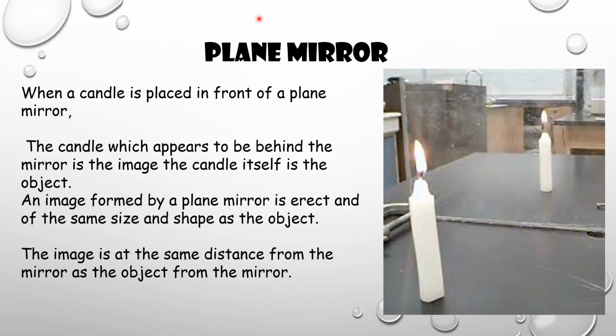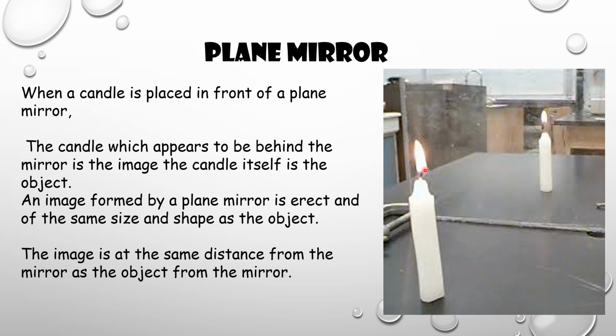Now we will see plane mirror. When a candle is placed in front of a plane mirror, see here the mirror is there, here is the candle. The candle which appears to be behind the mirror is the image, the candle itself is the object. So here this is the original candle, called the object, and what we see in the mirror is the image.